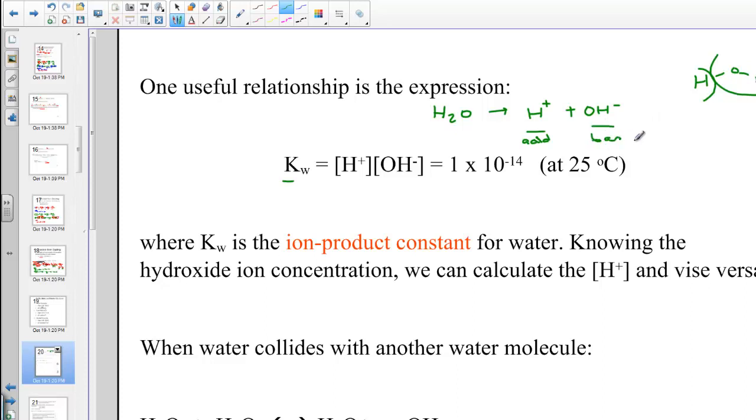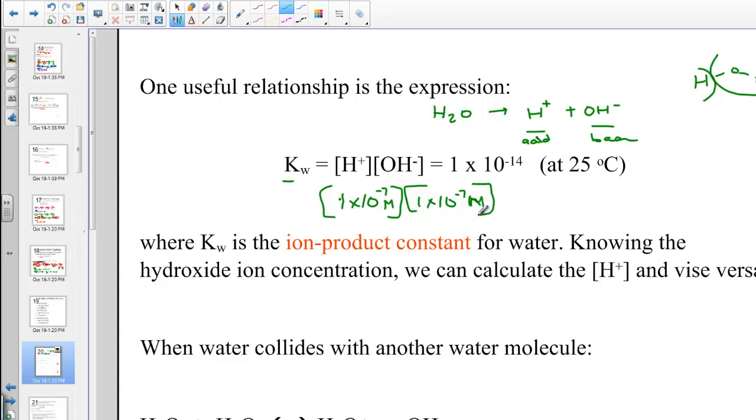We get equal parts acid and base in our solution. Well, if we were to measure the concentration of how often this happens in an ordinary cup of water at 25 degrees Celsius, which is approximately room temperature, we would get exactly the same amount of hydrogen ions, 1 times 10 to the negative 7th molar, and 1 times 10 to the negative 7th molar of the base ion.